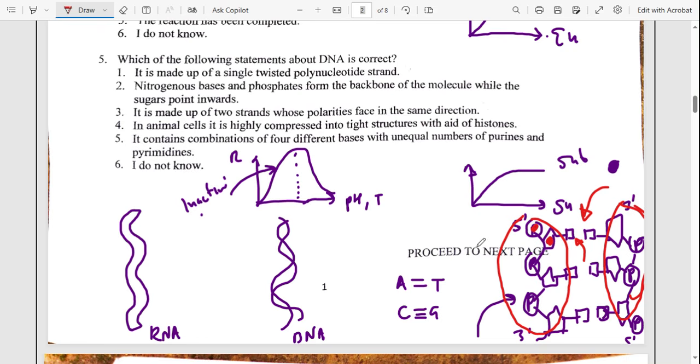These are the ones forming the backbone. 3 is saying it is made up of two strands whose polarities face in the same direction. And that one is not true because they face in opposite directions. Number 4 is saying in animal cell it is highly compressed into tight structures with aid of histones. And that's correct. Okay. For example, in us.